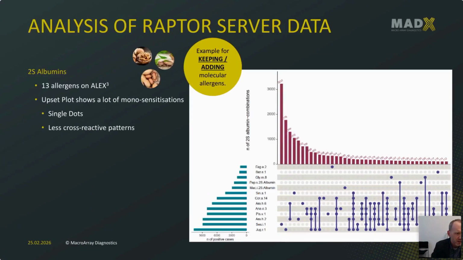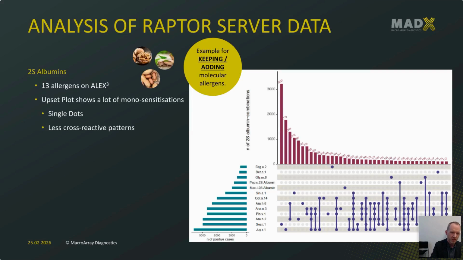If we look at the 2S albumins, on the other hand, we'll see that Alex 3 contains a total of 13 allergens. And just by looking again at the UpSet plot, we'll see that this protein family demonstrates a very limited level of cross-reactivity, and that's indicated by this large number of single dots, which indicates monosensitization to the individual molecular allergens within this family.